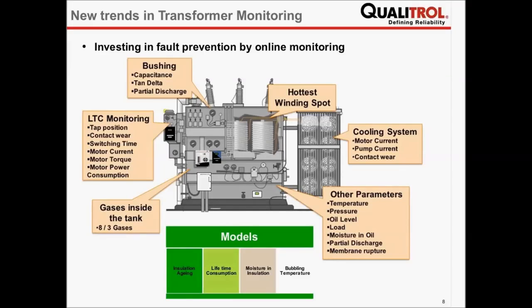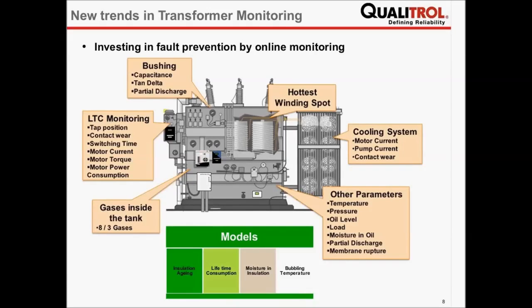They want to monitor the hottest spot in the winding of the transformer, be it using fiber optic or a conventional method. They want to monitor the fan banks and pump status of their cooling system, and they want to monitor some other parameters, for example, temperature of the tank, pressure of the tank, oil level, load, moisture, partial discharge inside the tank, and membrane rupture.